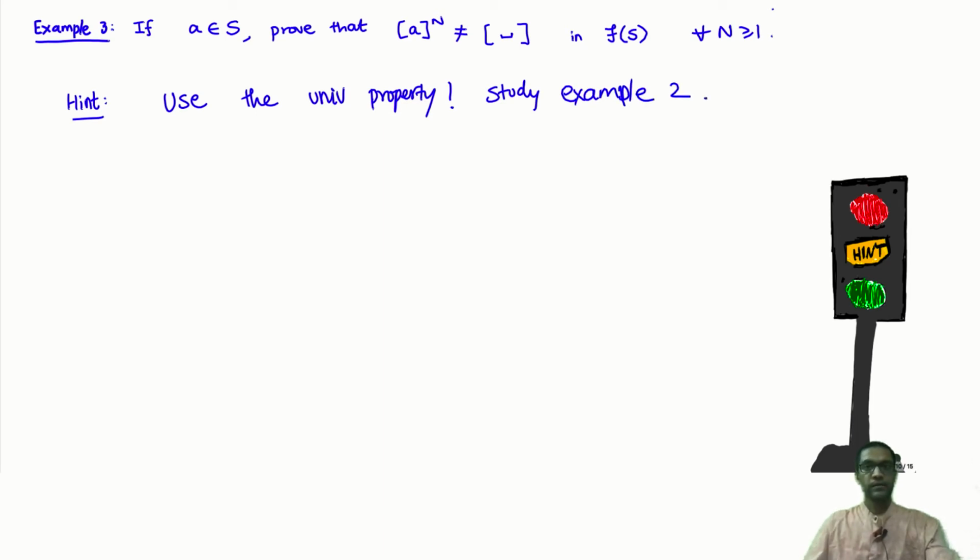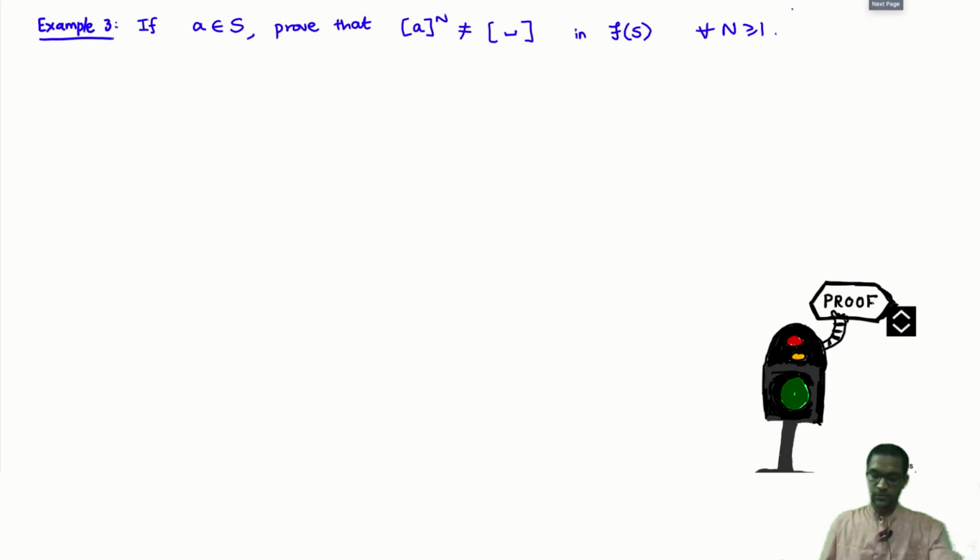See if you can prove this in a similar way. Moving on, here's the proof. Again, similarly, I just need to pick a group K. So I choose K to be an infinite group.